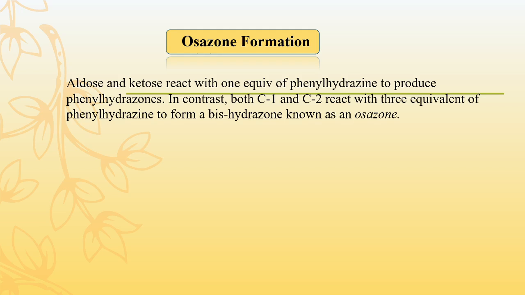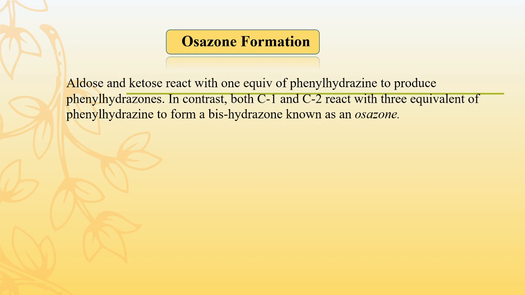After the formation of this C2 carbonyl, there is a hydrolysis, and after the removal of a water molecule, we get an aldehyde group at carbon number 1. Once the aldehyde is formed, another two equivalents of phenylhydrazine can react, and we get the osazone as a product.